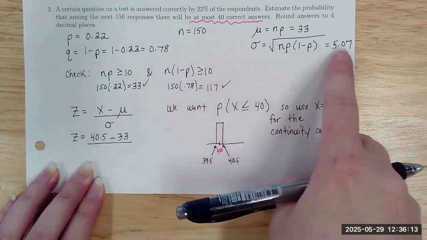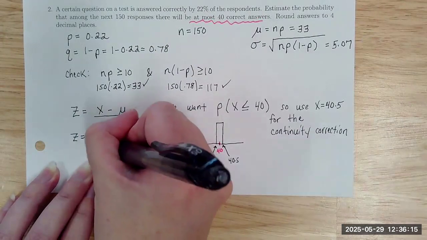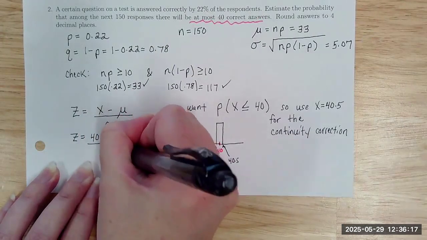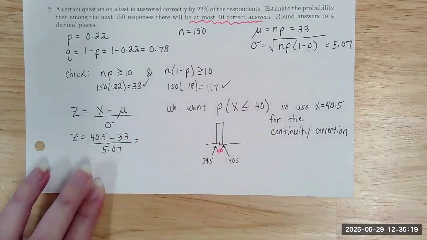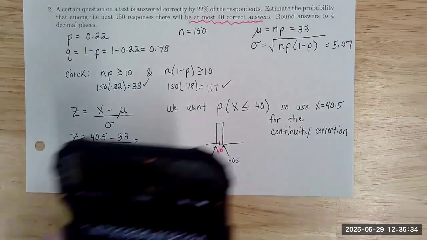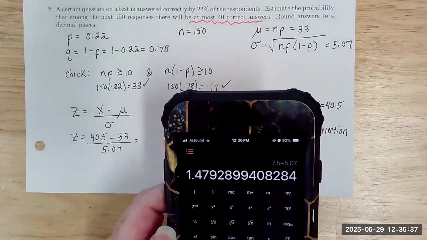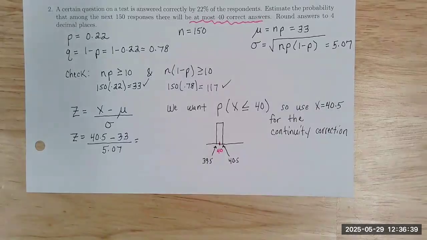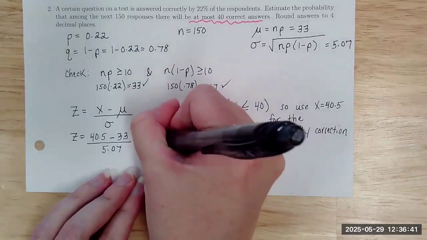We calculated the sigma was 5.07. So we're going to do 40.5 minus 33. I got 7.5, and then we're going to divide that by 5.07. And I got 1.48 if I round it.